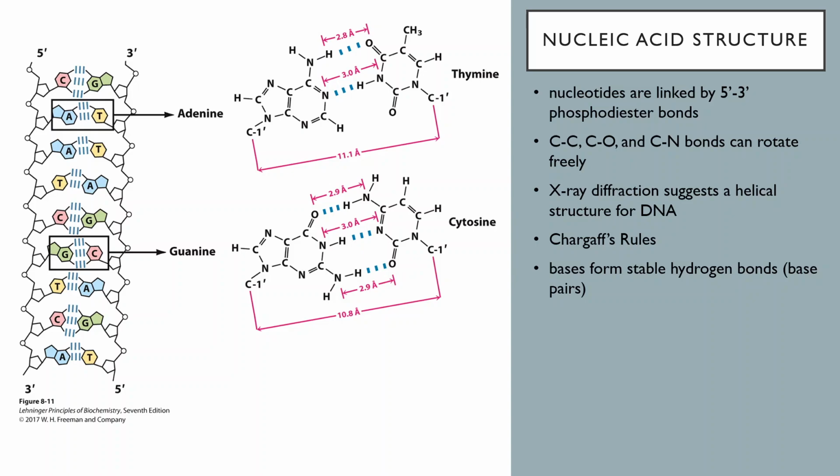With adenine and thymine, they each can form two hydrogen bonds with each other. There's a hydrogen bond that forms here in a nice straight line, and one that forms between this amino group and this carbonyl oxygen of thymine.